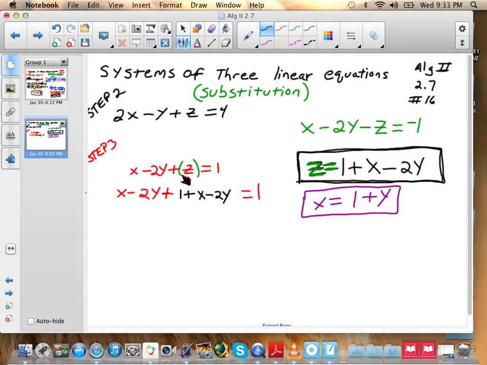So now I'm going to find like terms. So x is like x, and negative, remember I want to take the sign, the negative or positive sign, in front of the value, so negative 2y, and the like term is going to be y, so I have negative 2y here.